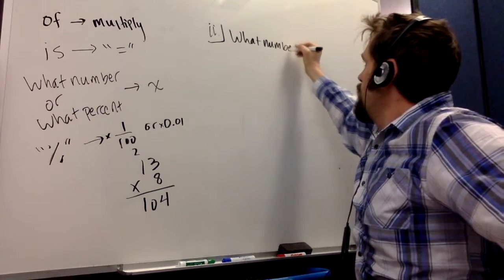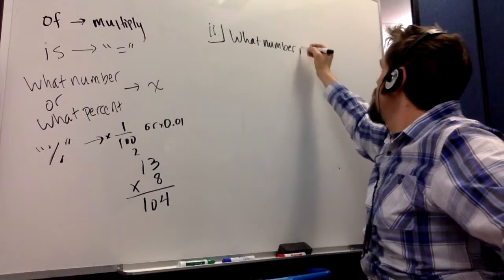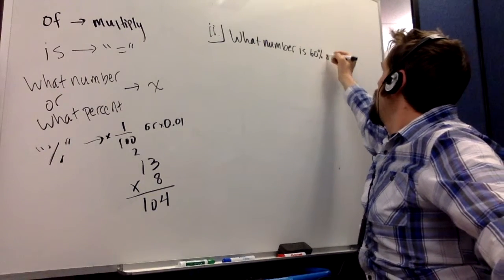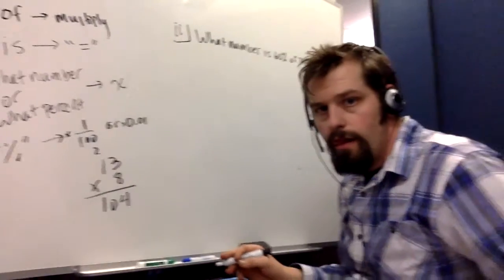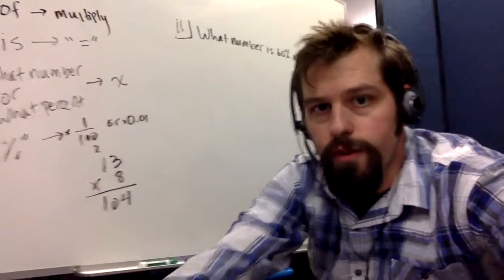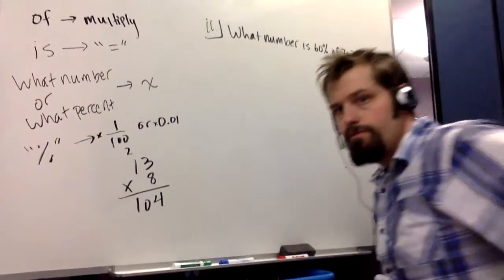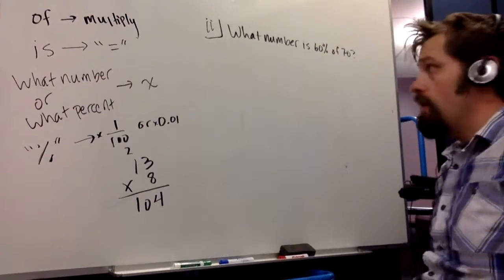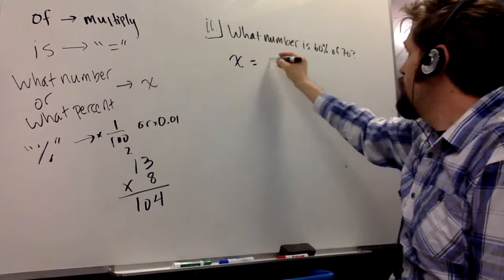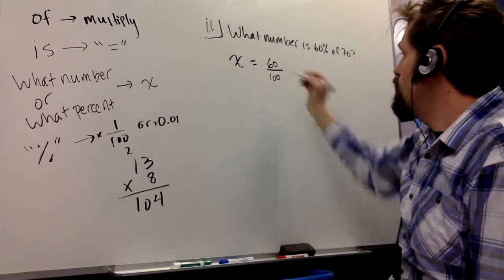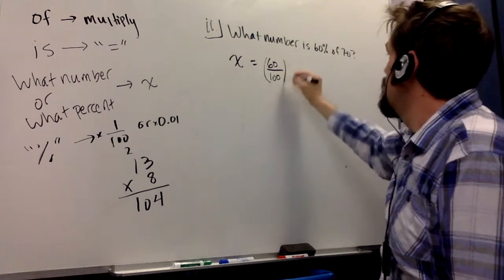What number is 60% of 70? Let me move this up a bit. What number is 60% of 70? So, what number, that's x, equals 60%, 60 over 100, 60 times 1 over 100, of 70, multiply.